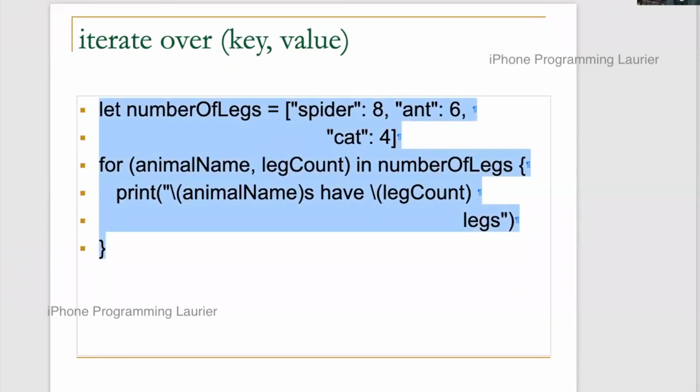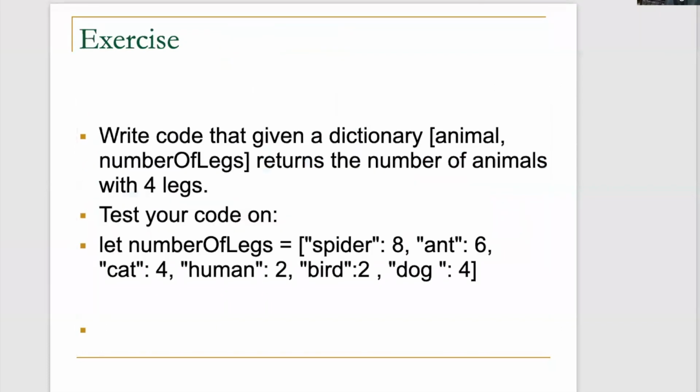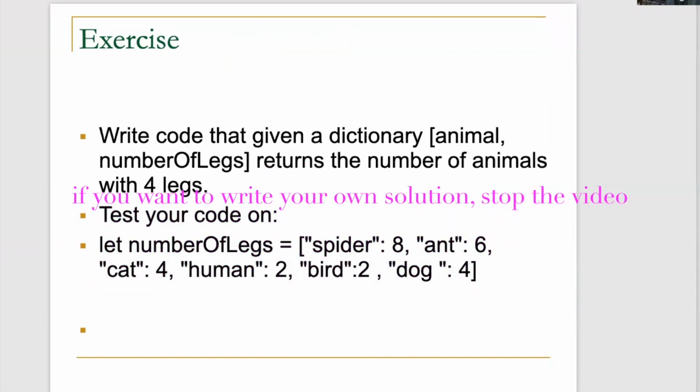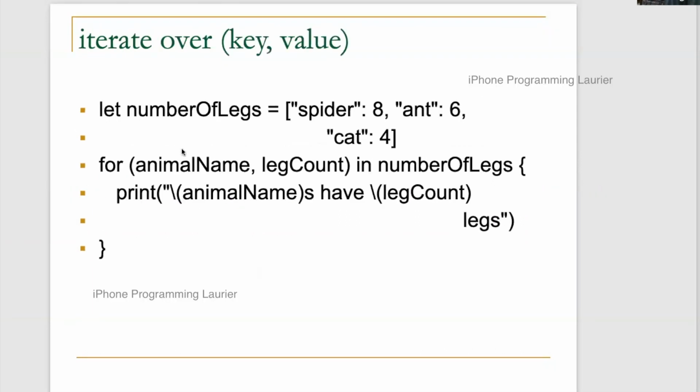Does anyone want to tell me the solution to the exercise? Does anybody want to volunteer a solution? Right, so I'm given a dictionary with animal and number of legs of the animal.